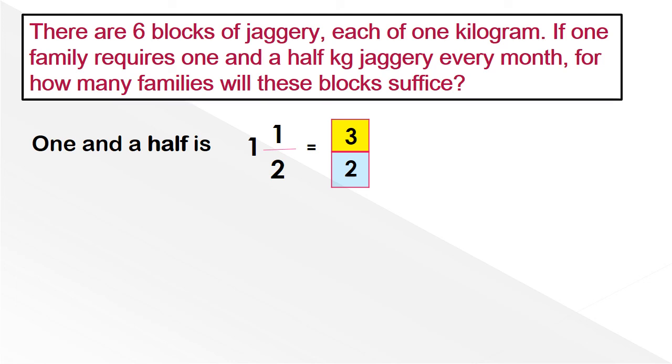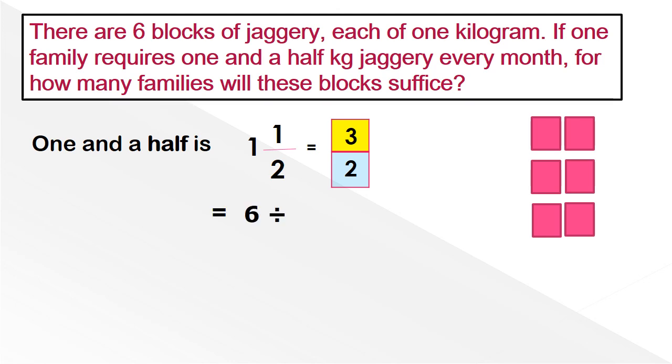Now how much does one family need? 3/2. Now we have 6 blocks, right? So how many families will this block suffice? That means from these we have to give 3/2 to each. That means we are dividing, right? So it's a division. So how many blocks in total? 6.